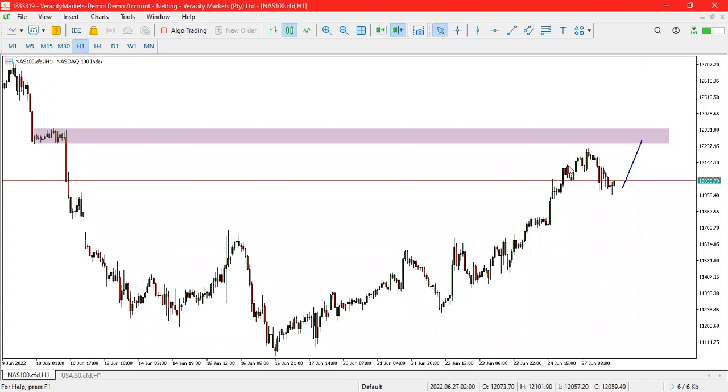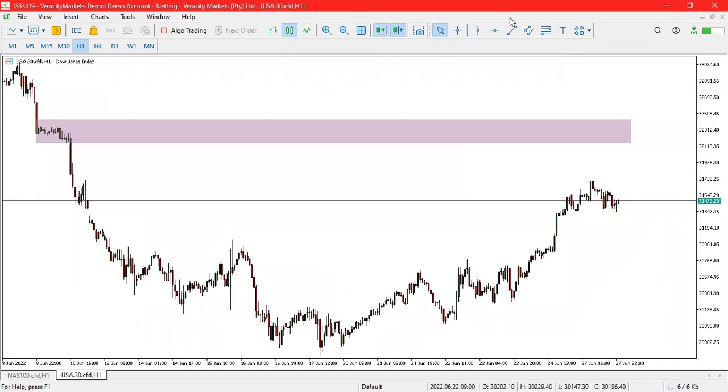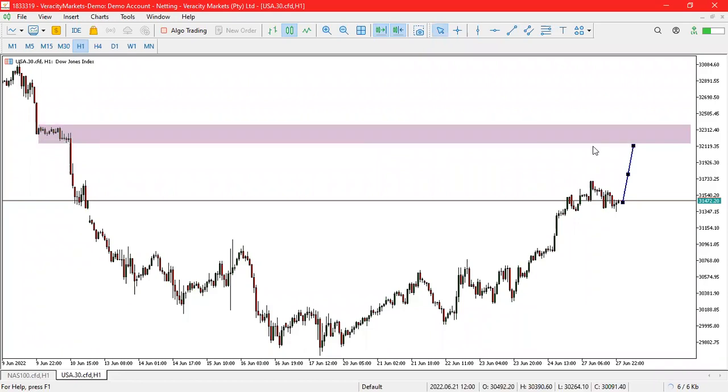Meaning, compared to USD, NASDAQ is the lagging one and USD is the leading indicator. You see this setup? Check here, it's USD. What do you see in USD? It gives you a nice confirmation. But if you check NASDAQ, it acted as if we have already retested or respected that order block.